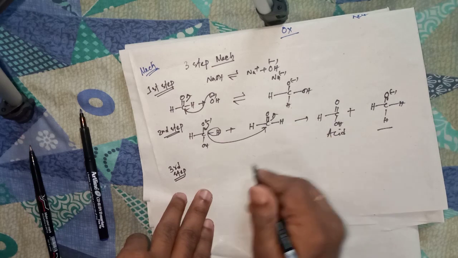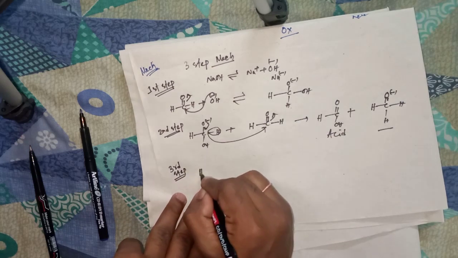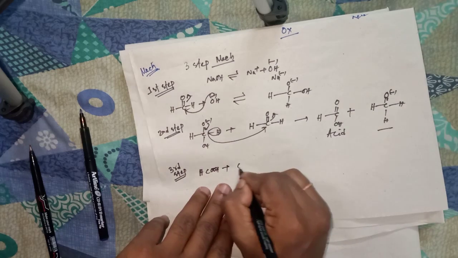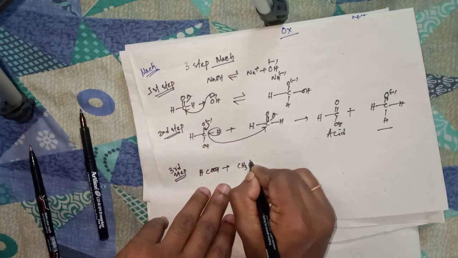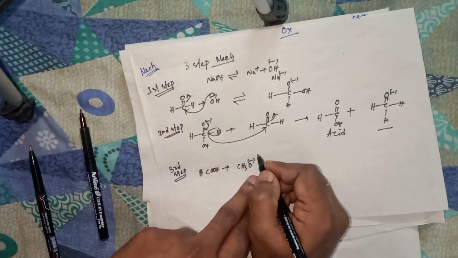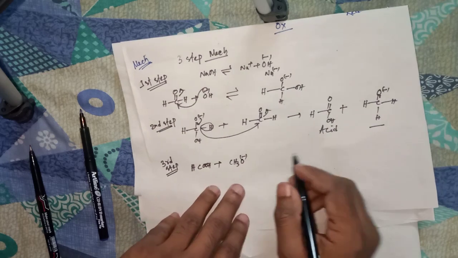At the third step, between the carboxylic acid and the alkoxide ion CH3O minus, there is an exchange of proton.